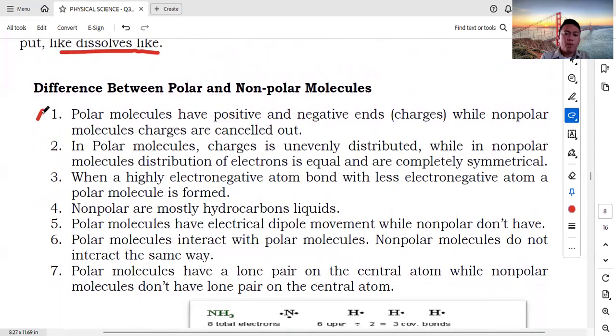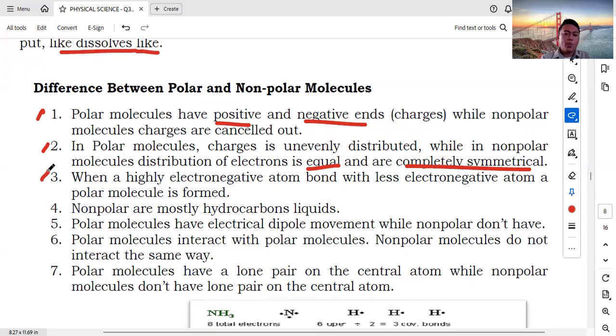Number one, polar molecules have positive and negative ends, or charges, while in nonpolar molecules the charges are canceled out. Number two, in polar molecules, charge is unevenly distributed, while in nonpolar molecules, the distribution of electrons is equal and completely symmetrical.